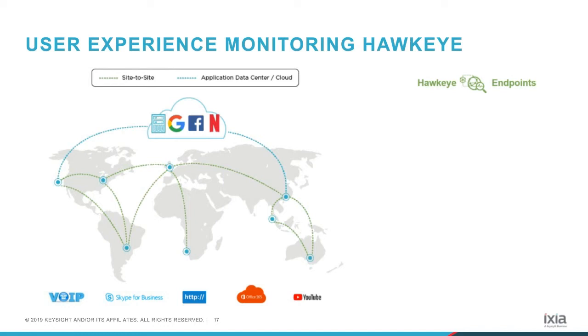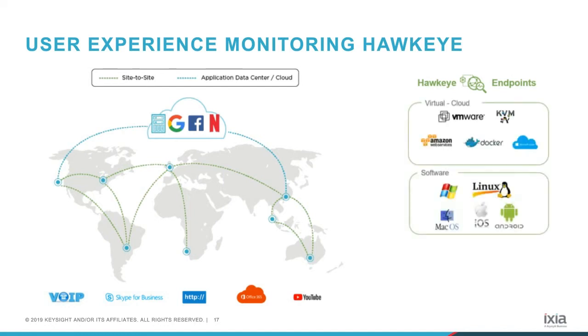In terms of endpoint deployment, we pay a lot of attention to that because that's really at the core of our product. We want that to be as easy and as cost-effective as possible, so we have a lot of options. Most of them are software-related. We see a lot of our software endpoints being deployed because they're easy to place at remote sites and very cost-effective.